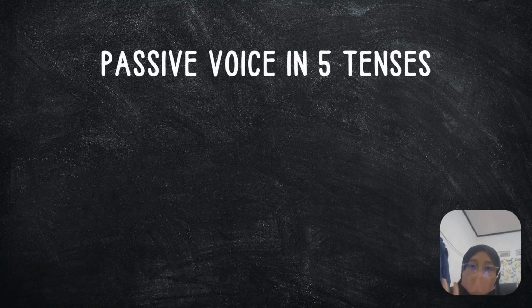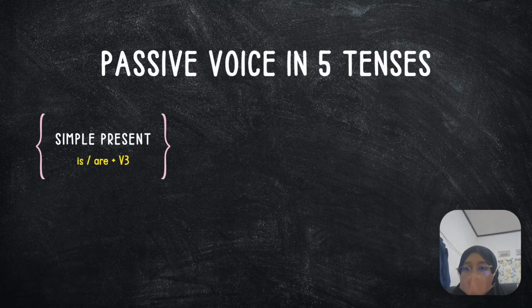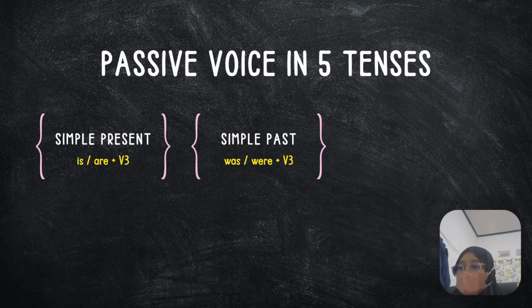Next, passive voice in 5 tenses. So here are 5 common tenses in passive voice. First, simple present. They use is or are plus verb 3. Second, simple past tense. They use was or were plus verb 3.